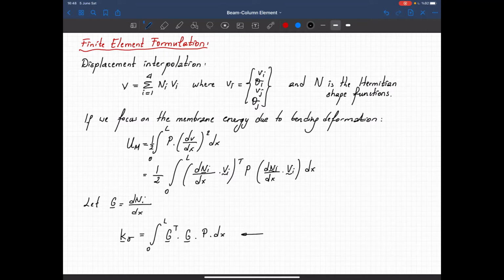This stiffness matrix is called the initial stress or geometric stiffness matrix.